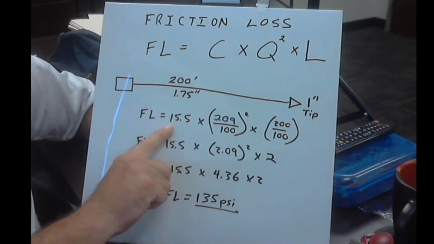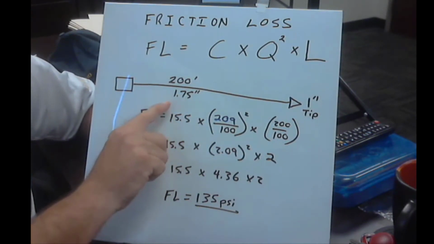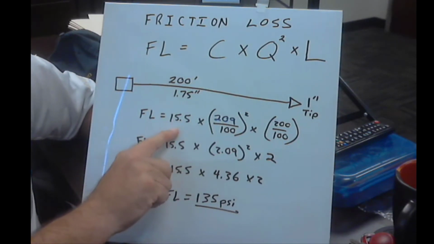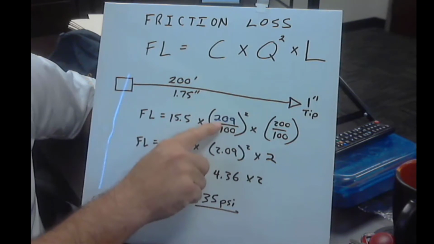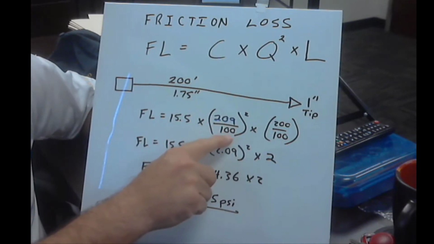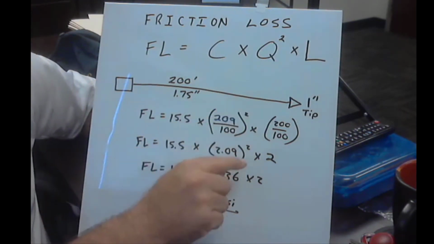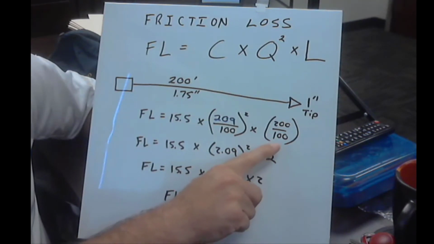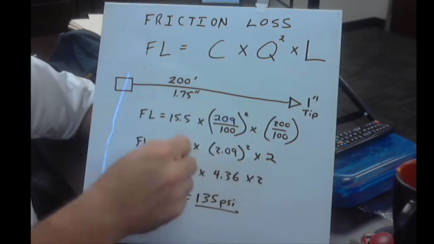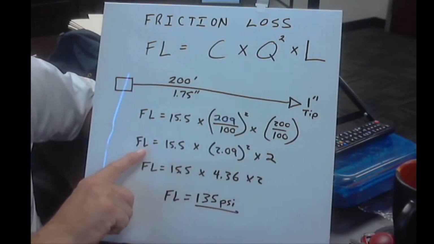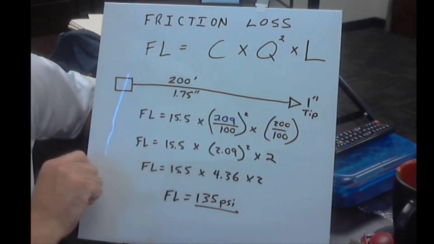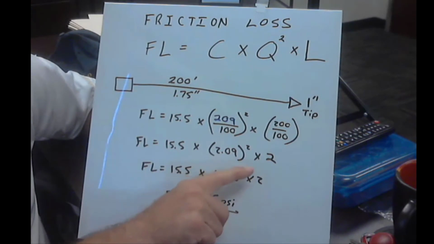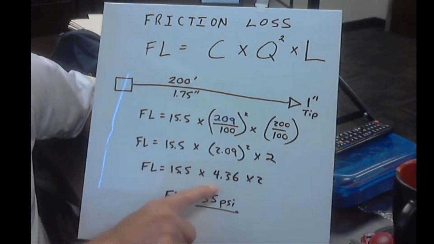So the coefficient for 1 3/4 hose, 1.75, is 15.5 times that GPM 209 divided by 100 squared times 200 foot of hose divided by 100 to give us the sections of 100 foot hose. And we simplify that even further. 15.5 times 2.09 squared times 2, and simplified even further.